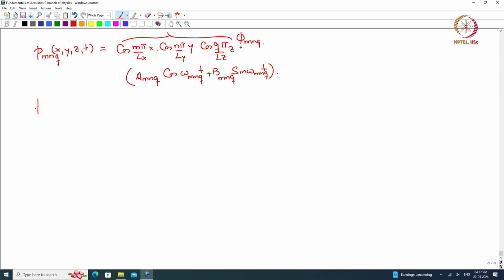So the total pressure P(x, y, z, t), I'm not putting the tilde because the whole thing has turned out real.